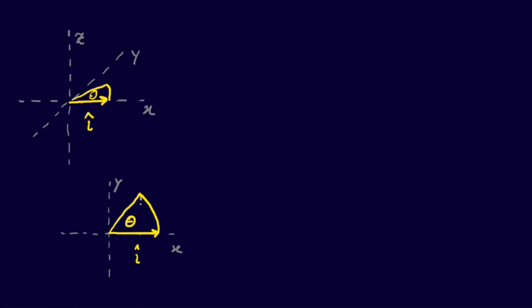So we see that we'd like to figure out the x component and the y component. Well, the x component is of course cosine theta times the length that we started with, which is 1. So the x component of the result will just be cosine theta, and the y component will be sine theta, and the z component will still be 0.